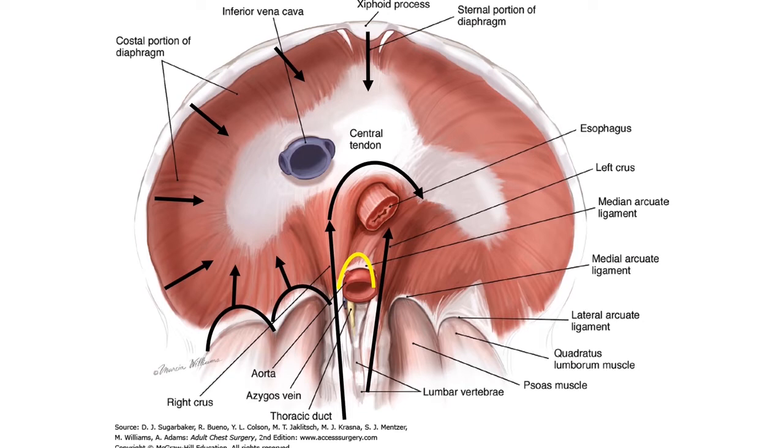Don't worry, you are going to see this muscle. Then we have ribs and costal cartilages. They give origin to the diaphragm, and as we reach the anterior median point, we will find the xiphoid process of the sternum. It also gives origin to the diaphragm.